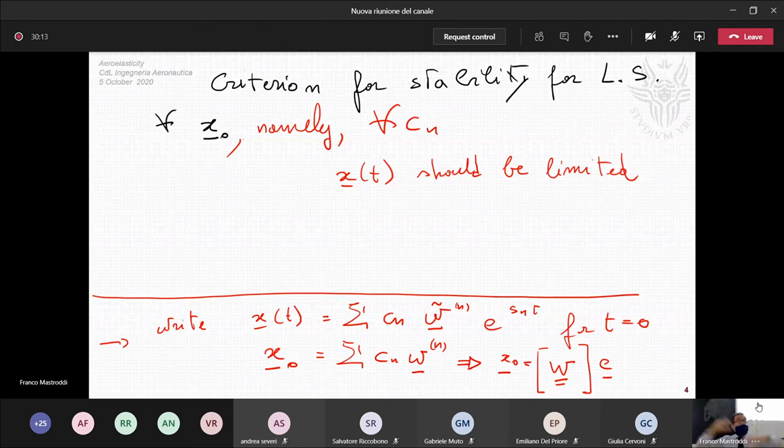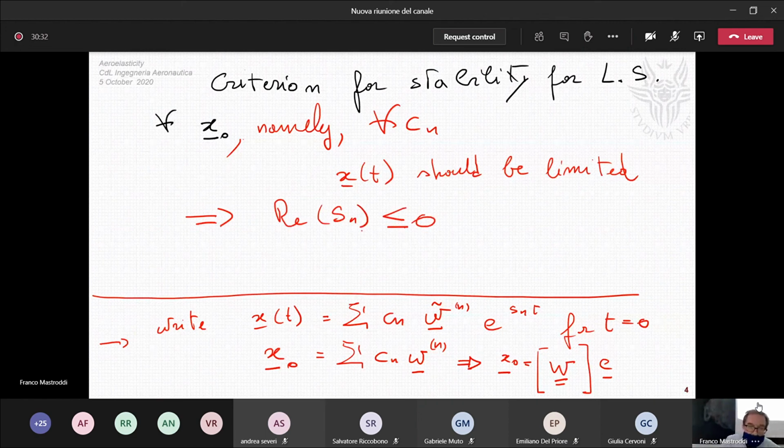Okay? For any initial condition, you perturb your system with an initial condition, and you should have a limited response. And the only condition to have a limited response implies that the real part of s_n be less than or equal to 0. And this is the condition for the stability.